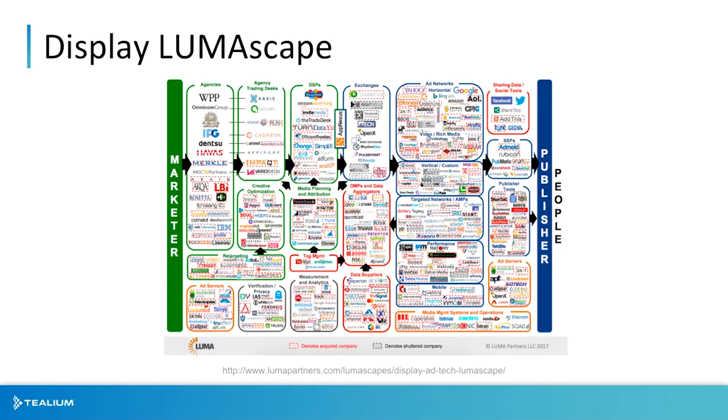And they fall right in line with a very nice Lumascape that we have seen created over the last couple of decades. This only speaks for a minor part of what's out there today. We have close to 4,000 vendors all competing in different areas of that timeline. Agencies, trading desks, DMPs, analytics, ad networks, publishing tools, SSPs.